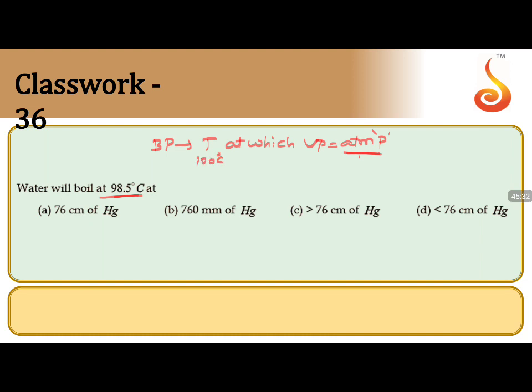If it is 100 degrees, it is 76 centimeter of Hg. If this is decreasing, this should also decrease. So what should be the answer for this particular one? Your answer should be less than 76 centimeter of Hg. So the answer for this is option D, less than 76 centimeter of Hg.